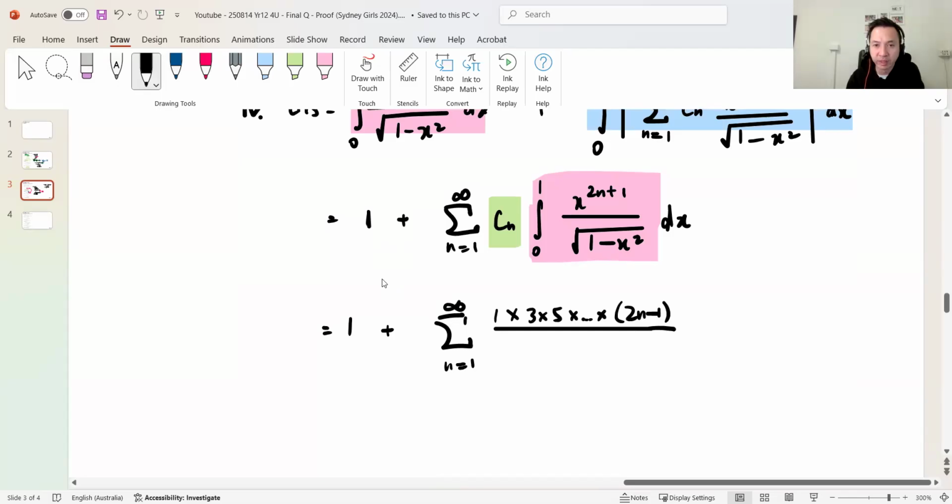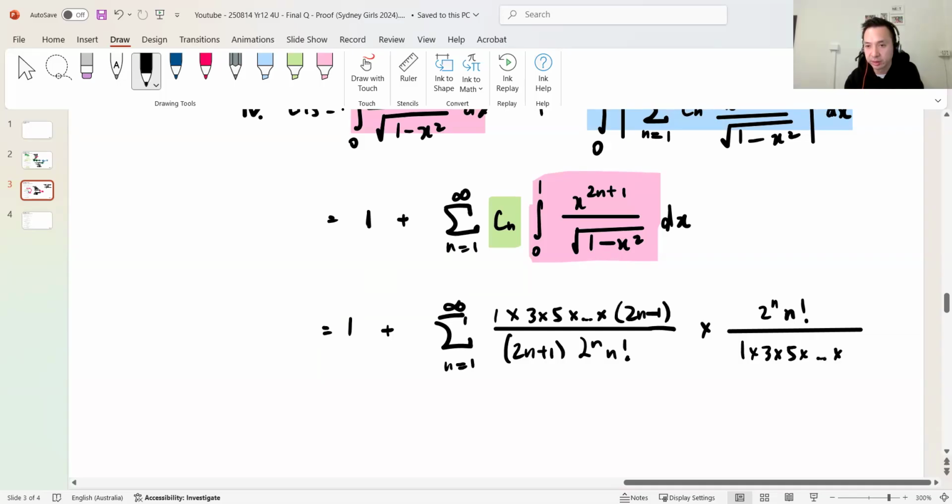And then on the bottom you get 2n plus 1 to the power of n in factorial. And then that's green, multiplied by pink, which I proved to be 2 to the power n factorial over 1 times 3 times 5 times, now just for working out purposes, 2n minus 1 and 2n plus 1.